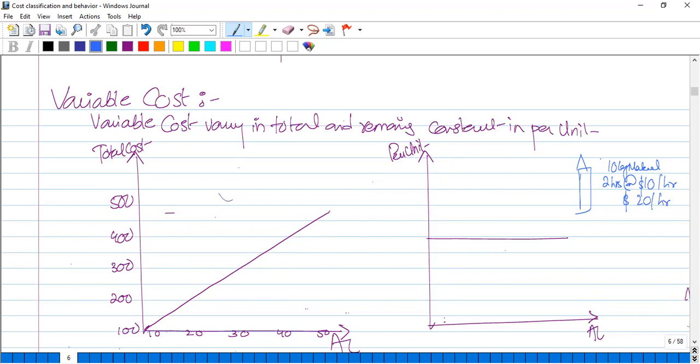So this is the cost of production of one pencil. If I make 10 of the same pencil, the cost of producing these 10 pencils is the same material, same labor, and same overhead. That's why the variable cost per unit graph remains constant at all activity levels.